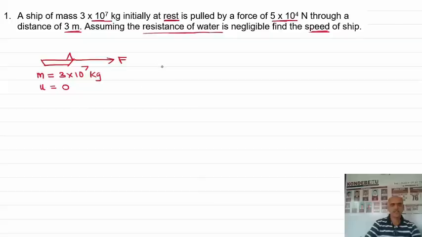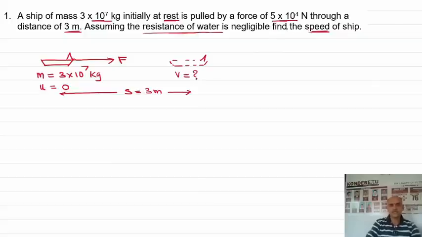It moves through a distance of 3 meters. So the ship will come to this point, and the distance from here to here he has given is 3 meters. You are required to find the speed of the ship, so what will be the speed over here you are required to find.